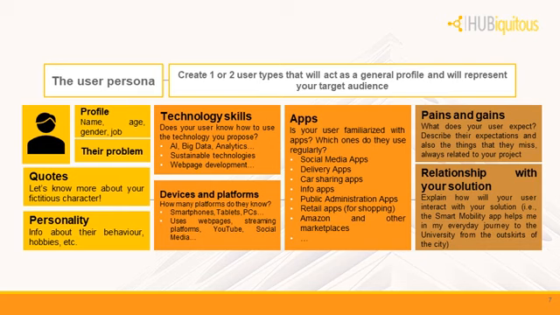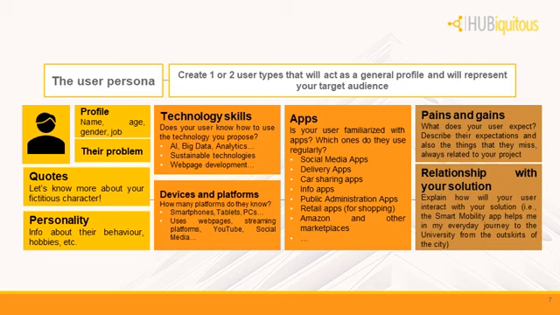Okay, so this could be like the pains and gains. I need this, and this pains and gains formulation, this sentence that you are going to include here, has to describe your solution in an indirect way. Okay, just in order to show that this person exactly is looking for what you are developing.